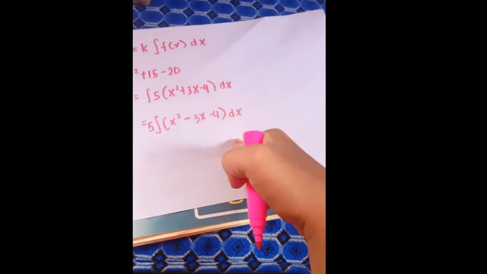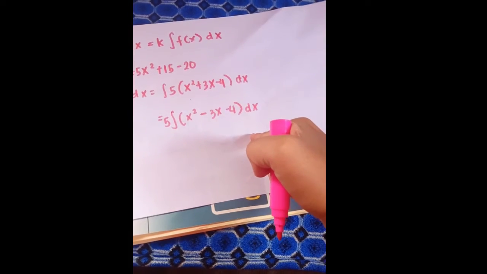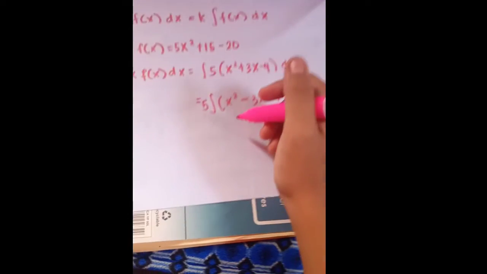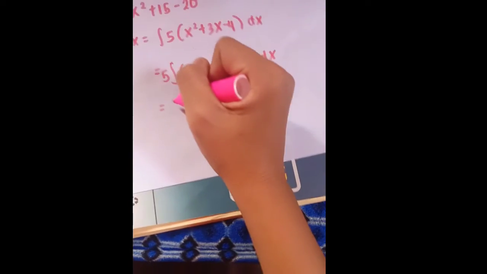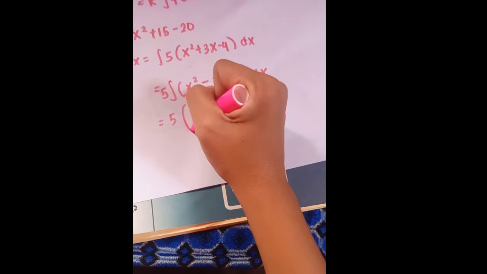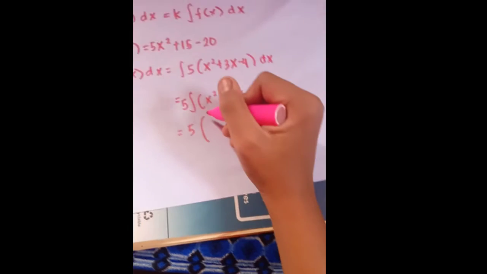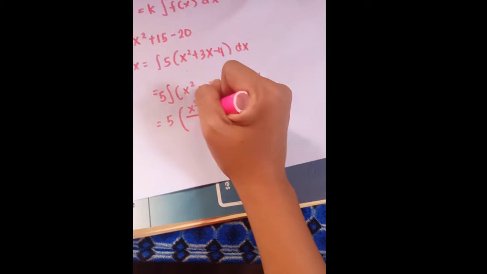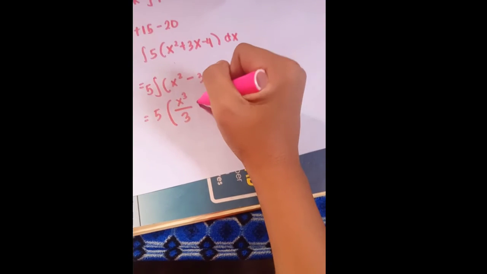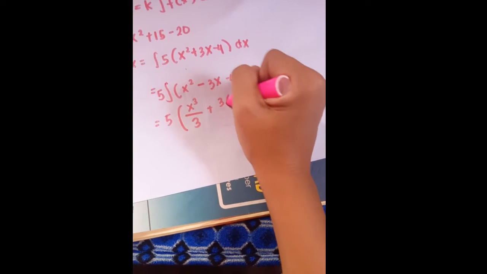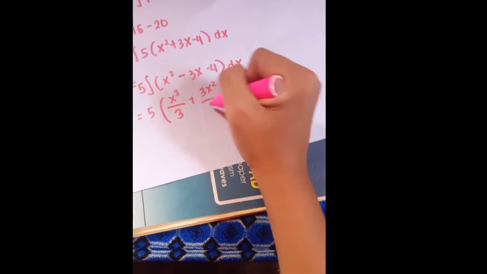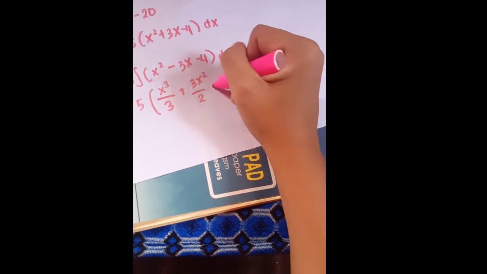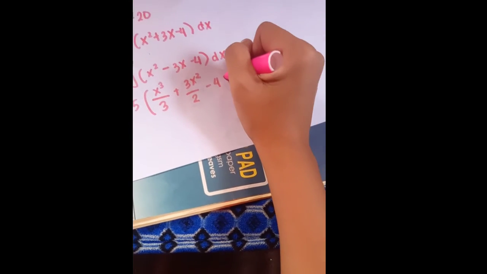You should not forget the dx. Okay, so 5 multiplied by x cubed over 3 plus 3x squared over 2 minus 4x.